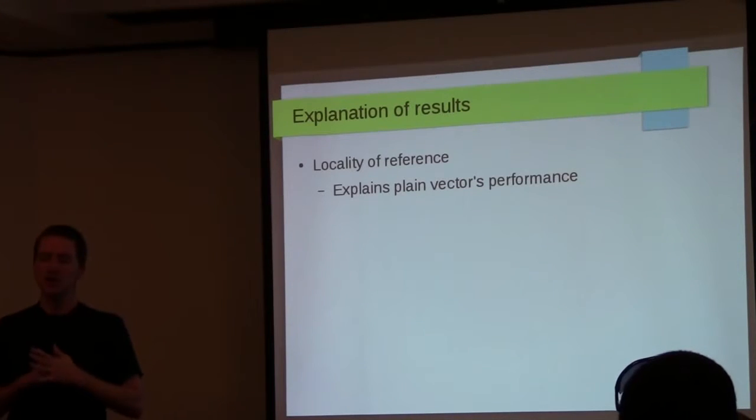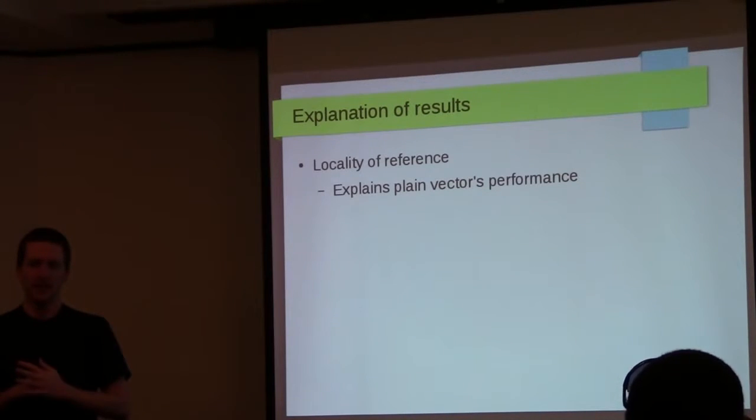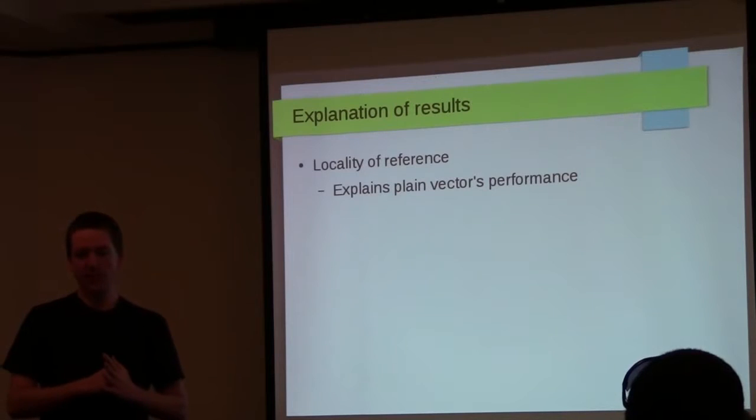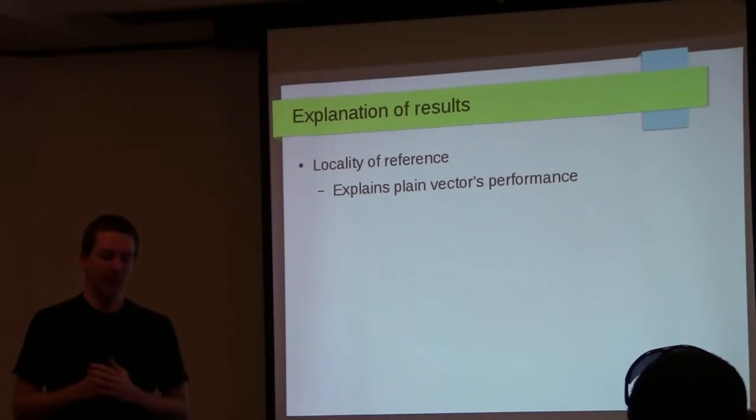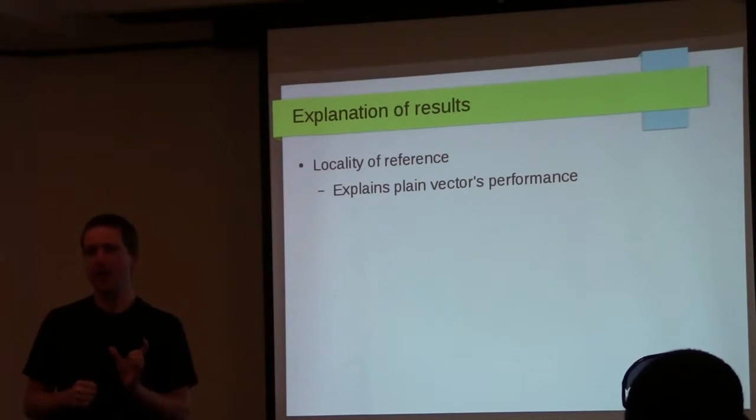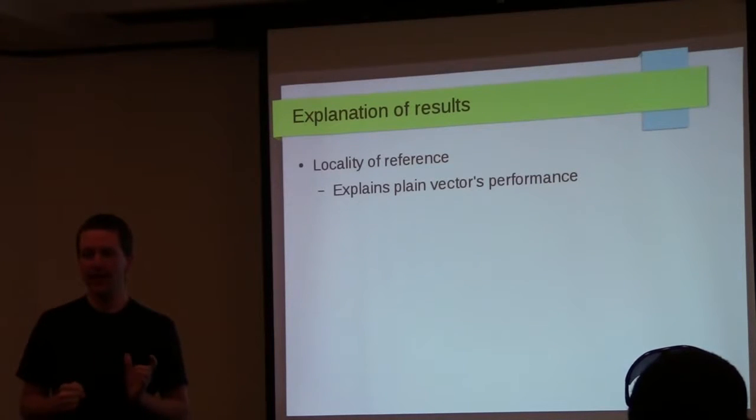Okay, so the reason that the deque always performed better than the vector for this test, I believe relates to just the way that deque allocates in small blocks. So the shift operations were slightly cheaper.